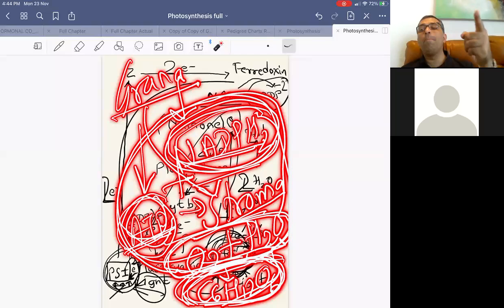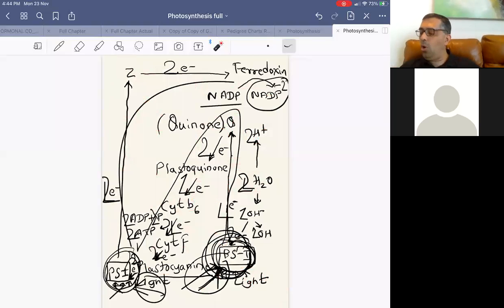From PS2 and PS1, जिसमें solar energy थी. तो हम लोग क्या खा रहे हैं when we are eating glucose? We are eating ATP and NADPH2. In other words, we are eating solar energy. हम लोग sunlight खाते हैं, sunlight में से हमको glucose मिलता है. Beautiful process, करेंगे next lecture में.